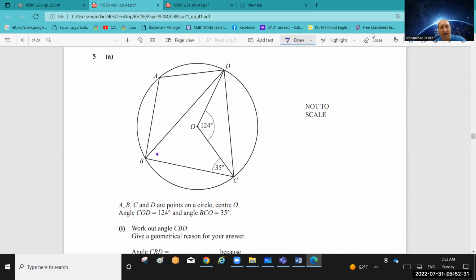This angle is an inscribed angle, or angle at the circumference, which is equal to half the central angle subtended by the same arc.